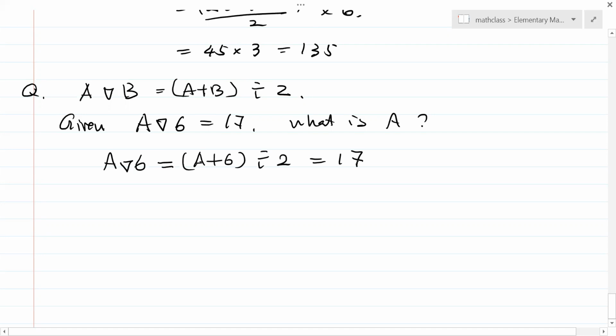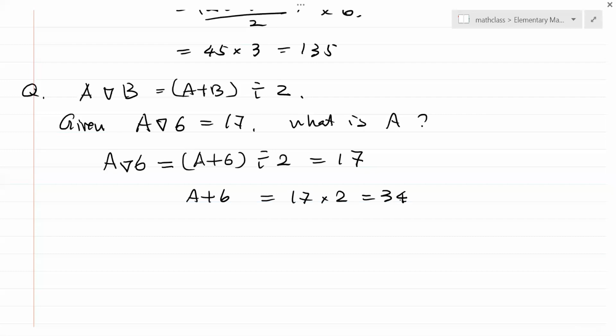That means you have to multiply both sides by 2. 17 times 2 is going to be 34. So A plus 6 is 34. Then how do you solve the problem? Then A should be equal to 34 minus 6. It's 28.